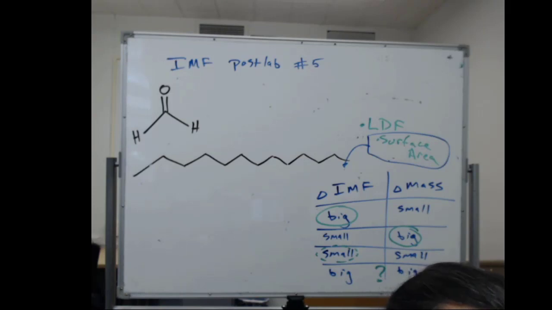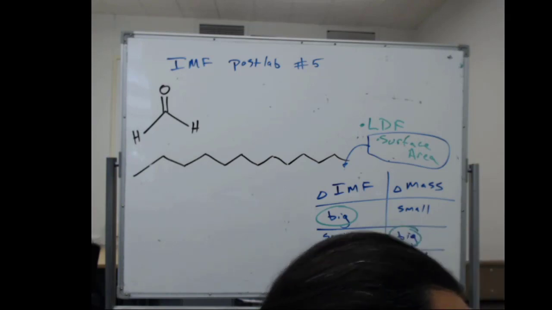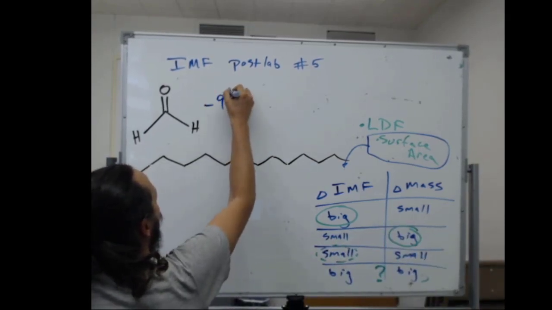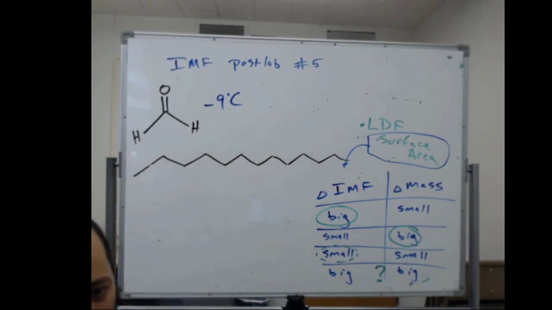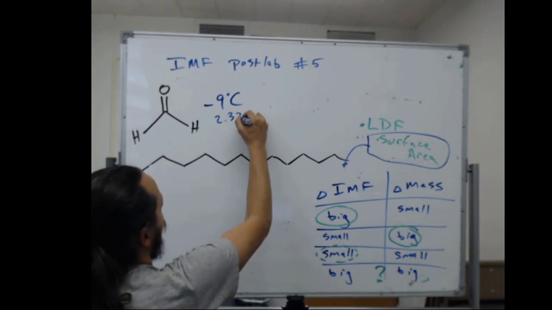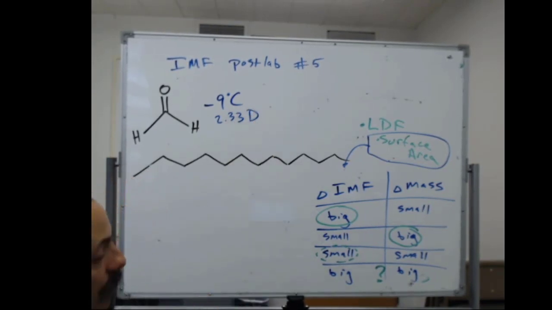So this gives you a pretty good idea of how formaldehyde has a boiling point of -19 degrees Celsius, has a really strong dipole moment, but such a small mass, such a small surface area. Really nice dipole moment.